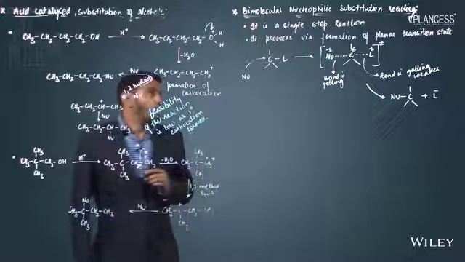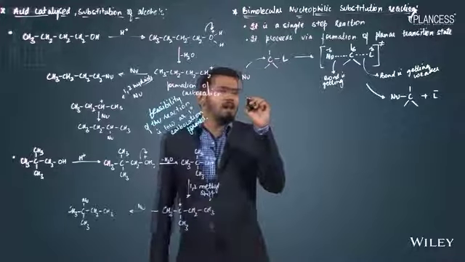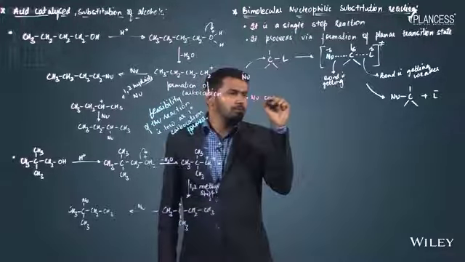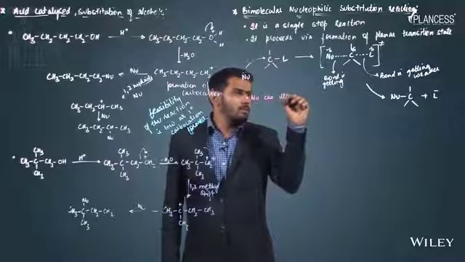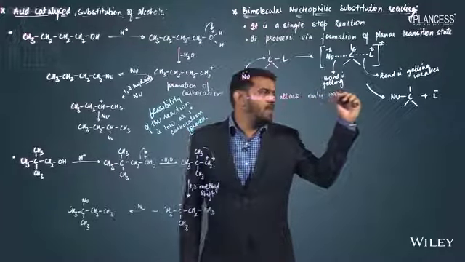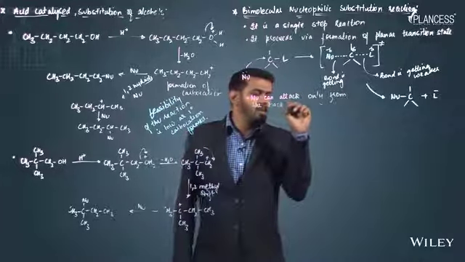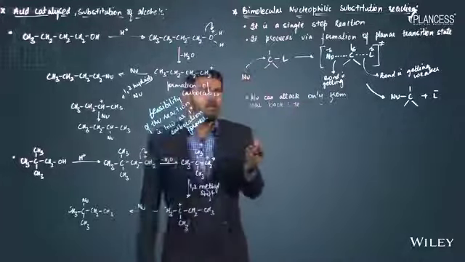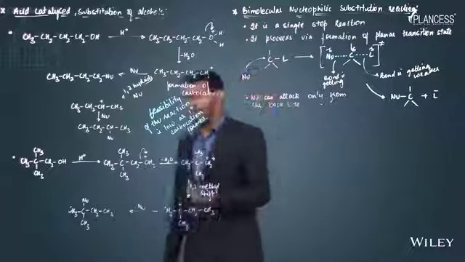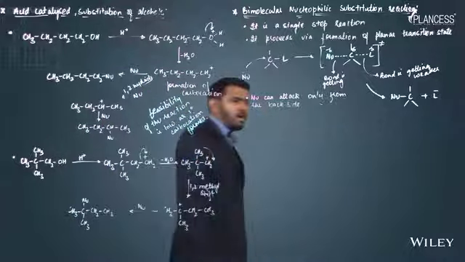Now, another important point, the nucleophile can attack only from the back side. Why can it attack only from the back side? Quite obvious, when the front side is occupied, how can it attack from the front side? Front side is occupied by the leaving group, so obviously it cannot attack from the front side.